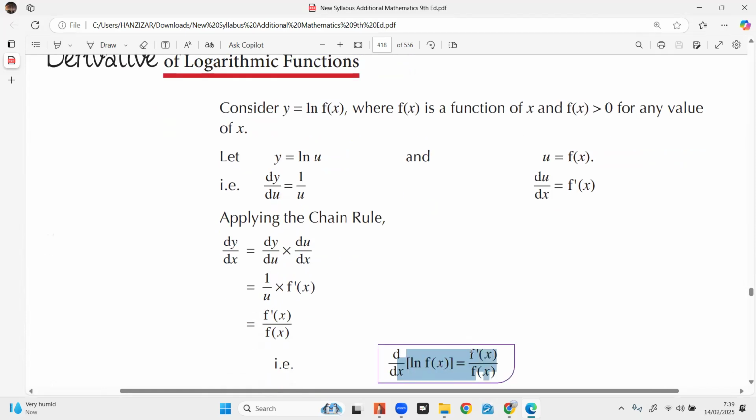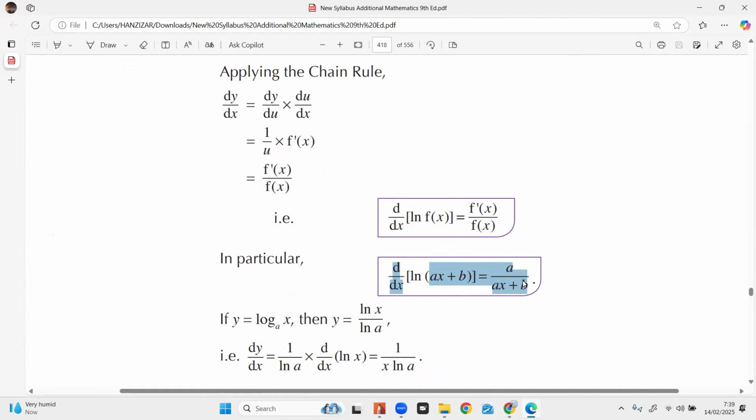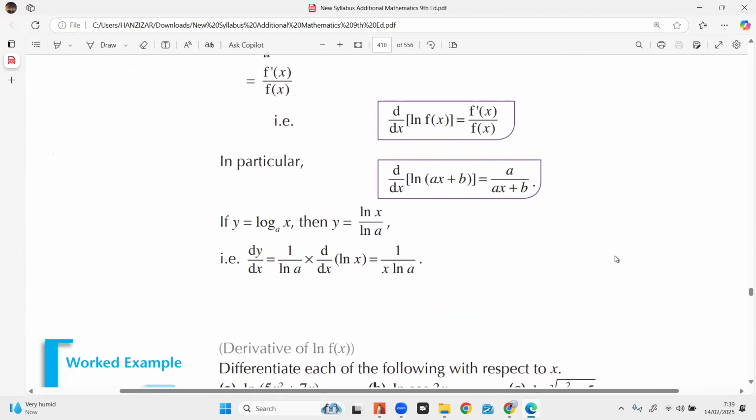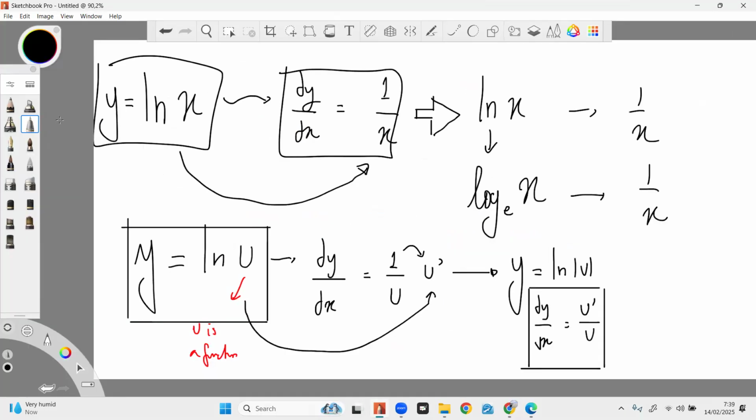They use f(x) and x. It's actually the same. I just make it more simple. No need to do this. You don't have to memorize. As long as you understand this, everything is good. Two more formulas only. Okay, here. So you just memorize two formulas. Wait, I will make it a bit more concise.